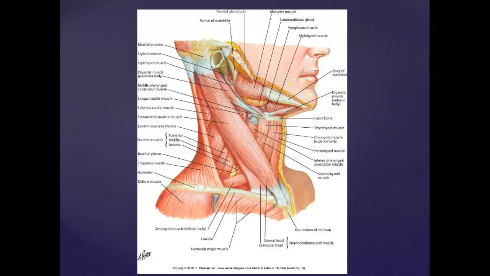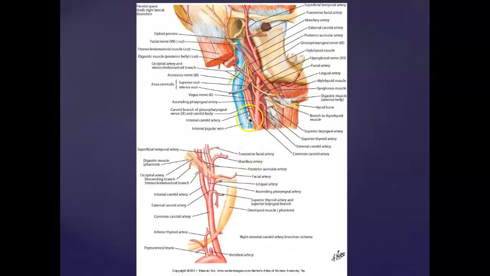If we look now to the external carotid, let's just go over these branches again here. Coming up from the external carotid, you have the superior thyroid right here. Off of the superior thyroid is the superior laryngeal. You can see that one ducking into the larynx right there. You've got the ascending pharyngeal off the backside, ascending to the pharynx.